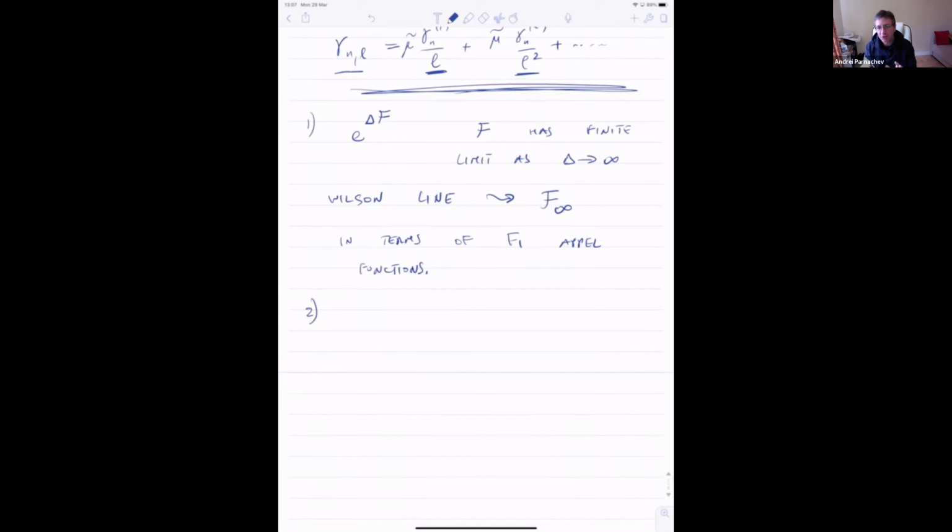So from the Wilson line calculation, you only get the behavior of f as delta goes to infinity, as I said. But in principle, you can get all these OPE coefficients from a gravity calculation by just computing a 2-point function of scalars in the background of a black hole. Perhaps I will very quickly remind you. So what you do is, as I said, mu is basically the mass of the black hole in AdS units.